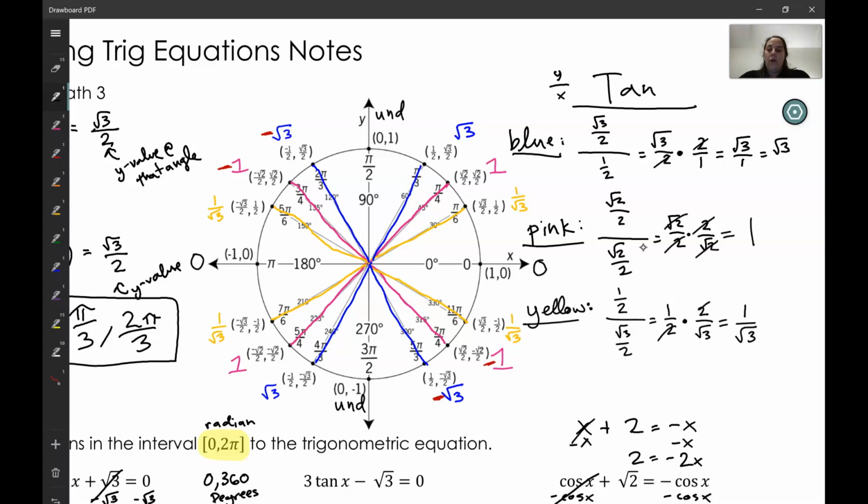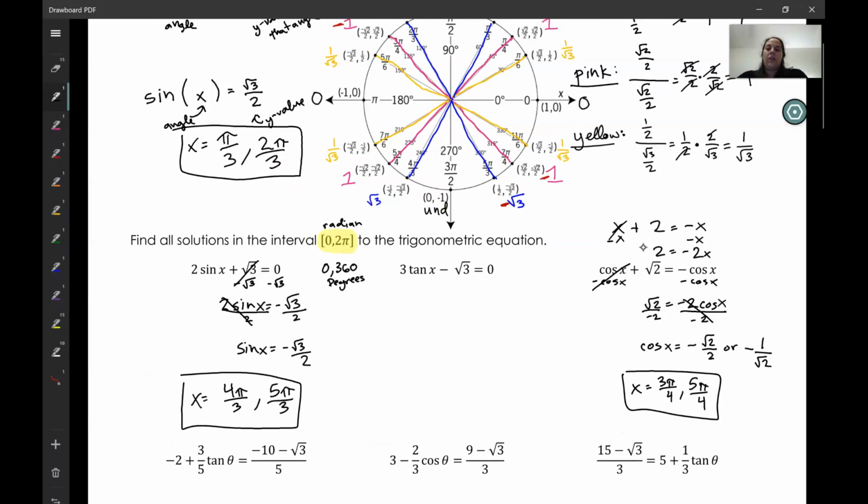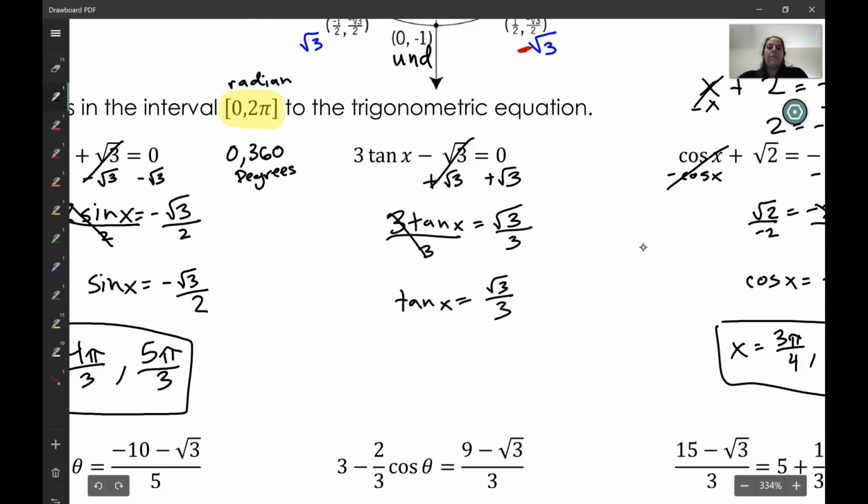Okay, now that we have all our tangent values done, let's try and do this problem. I'm going to add root 3 to both sides. We're just solving for x right now. 3 tan x equals root 3. Divide by 3 on both sides, so I get tan x equals root 3 over 3.